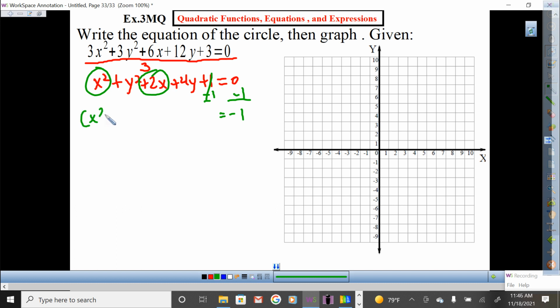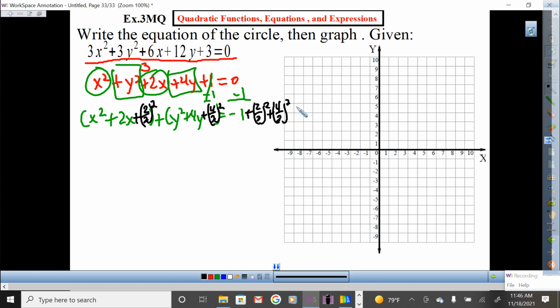So x squared plus 2x, empty space, plus y squared plus 4y, empty space. Continue. Audrina, what do I do here? 2 over 2 squared. We do that to both sides. 2 over 2 squared. And here? 4 over 2 squared to both sides.